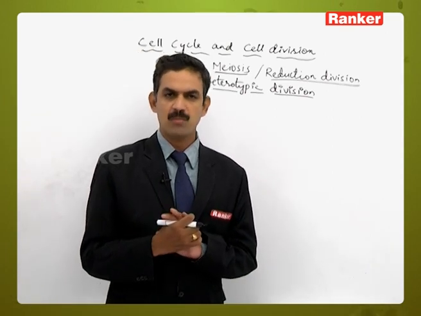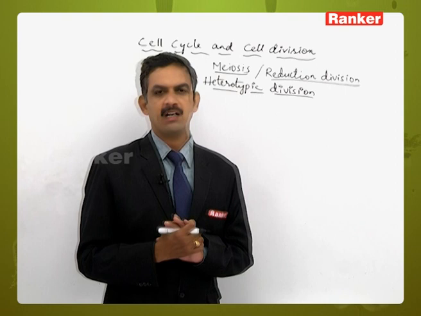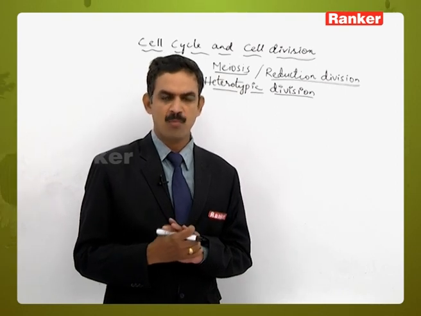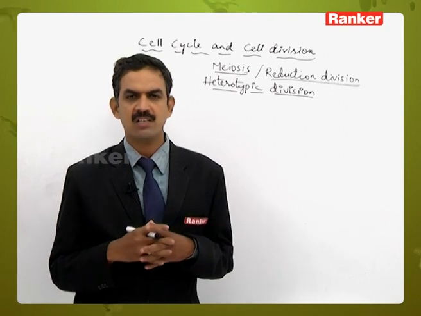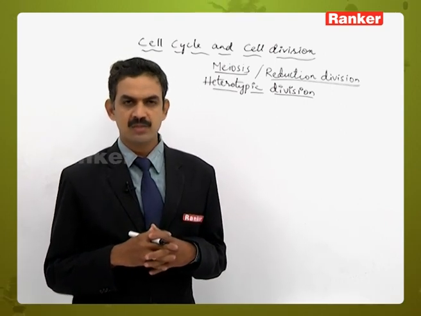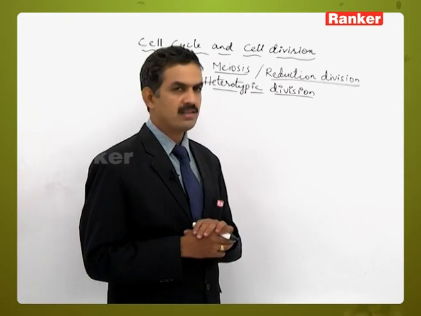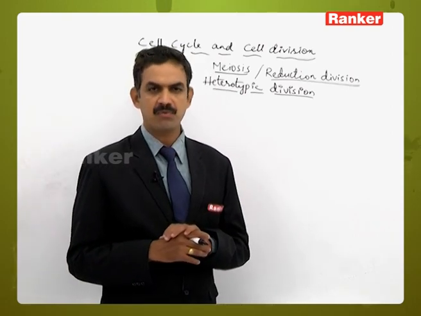So the chromosome number is reduced to half, and the daughter cells formed as a result of meiosis are not similar to each other. That is the reason we call this type of division a heterotypic division.